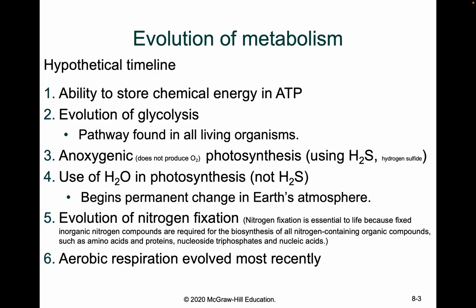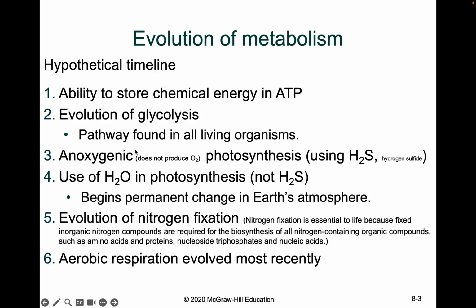The first thing that came out were these anoxygenic photosynthesis organisms. These create glucose through photosynthesis, but they do not create oxygen as a byproduct. That's why it's called anoxygenic.